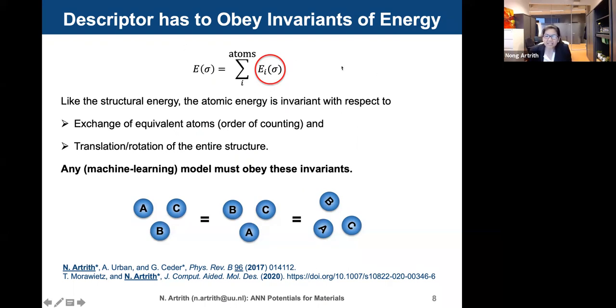In these equations, the total energy of a structure is the sum of atomic energies, right? And the atomic energies have to be invariant with respect to exchange of equivalent atoms, and also with respect to translation and rotation of structures, like you can see here.